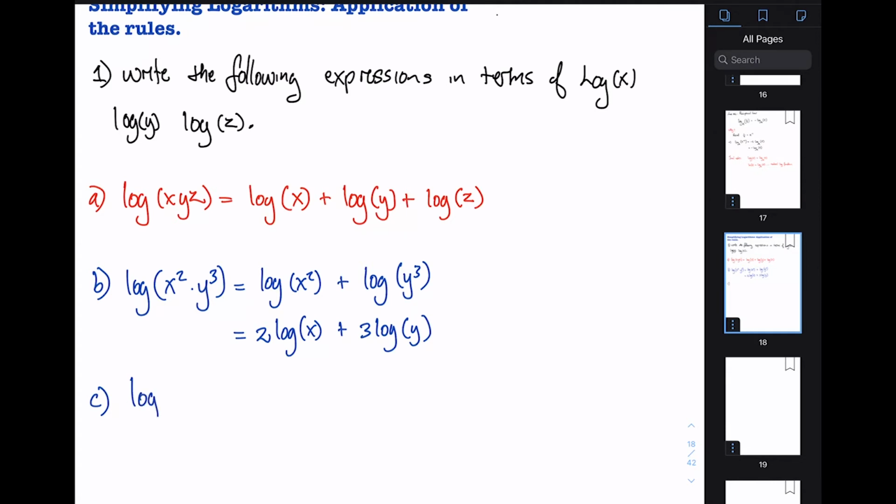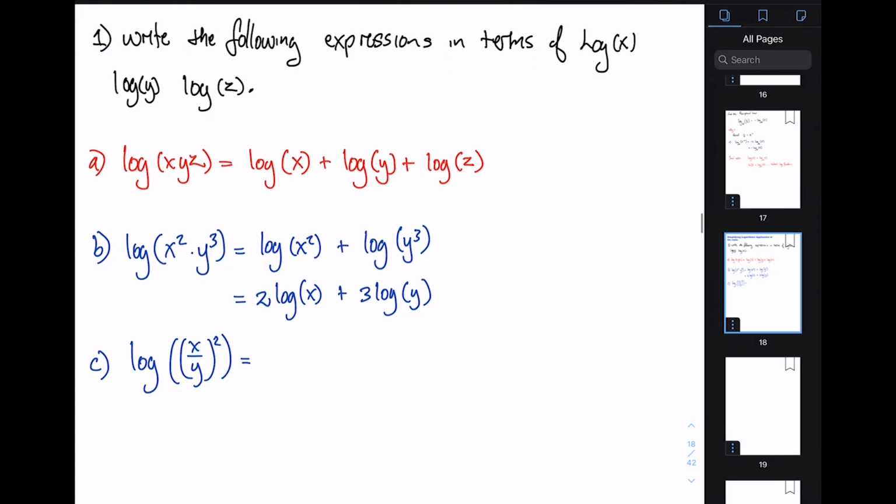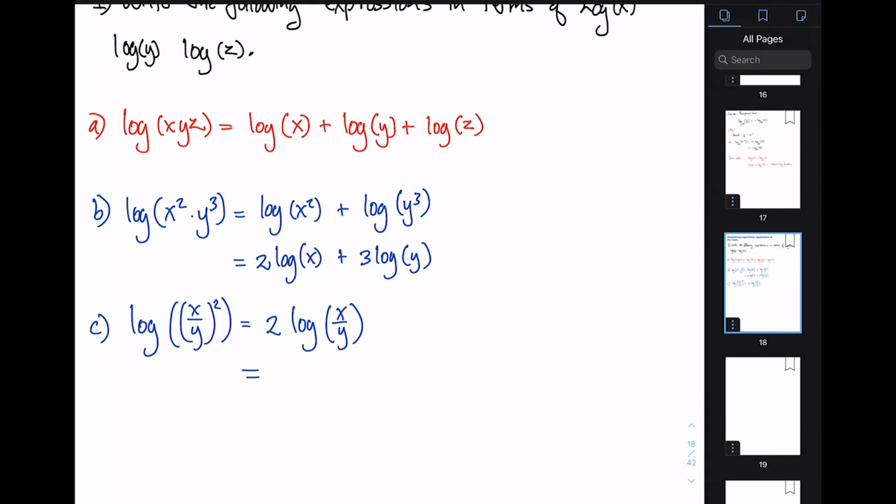We look at part C. This one gives us the log of x divided by y, all raised to the second power. So to simplify this one, we have to first apply the power law. Here we're going to take down the power, and we'll end up with 2 times the log of x divided by y. And then we can apply the log of a quotient.